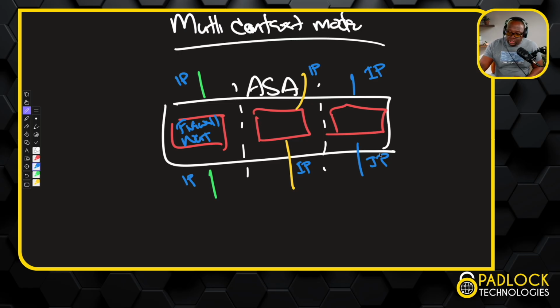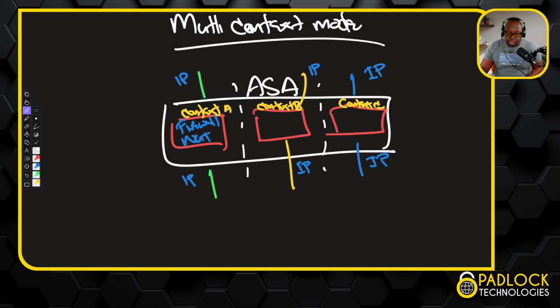Now, each one of these virtual firewalls is a context. So you have context A, context B, context C. You can call these contexts whatever you want.